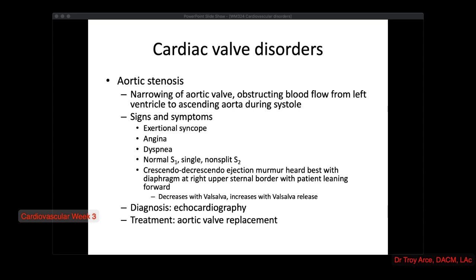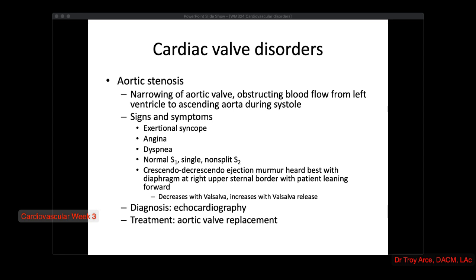The crescendo ejection murmur is heard best with the diaphragm at the right upper sternal border with the patient leaning forward. It decreases with Valsalva and increases with Valsalva release. And diagnosis is through echo.